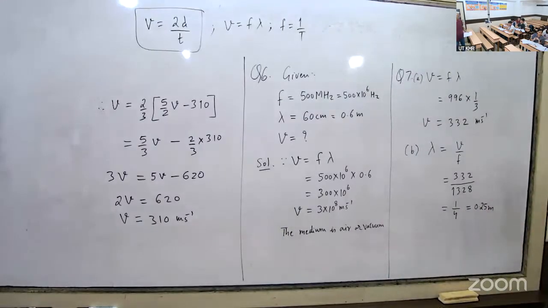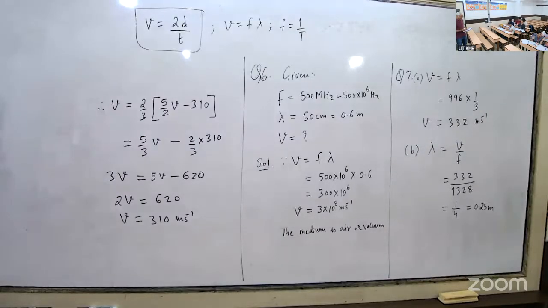Sir, in the first part, why can't we take frequency 1328? Because it is not given. What is the frequency earlier? 996, no? Initially. You have to take the initial. That is part 1 of the question: a sound wave of wavelength 1 by 3 meter has a frequency 996 initially.